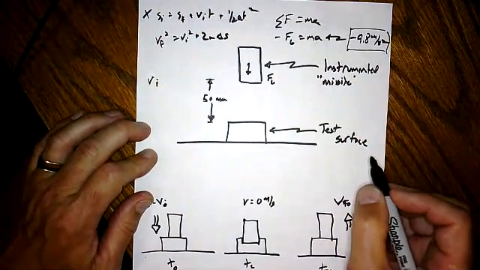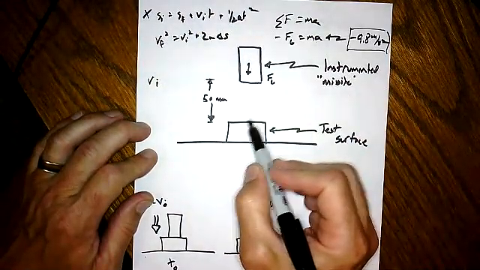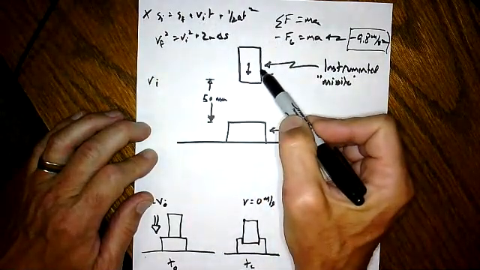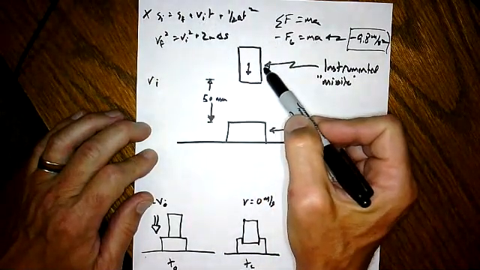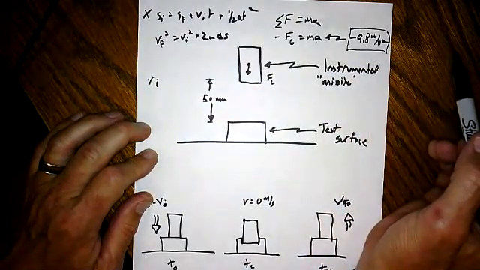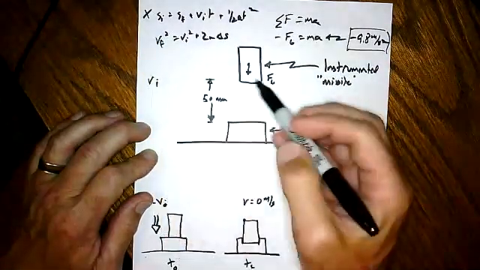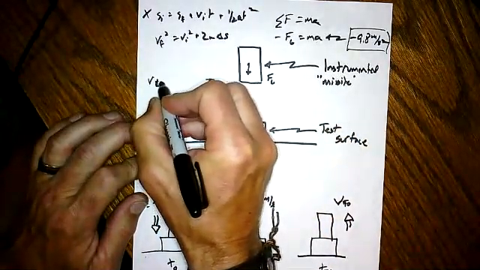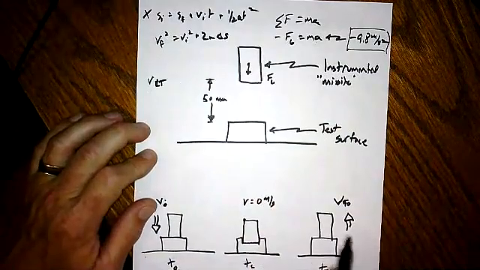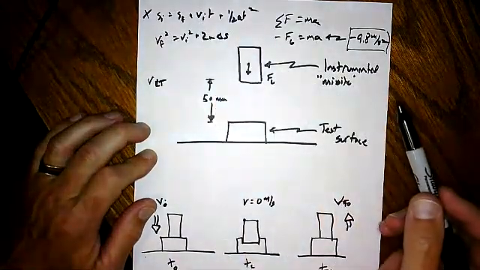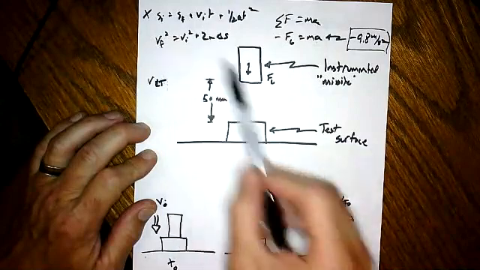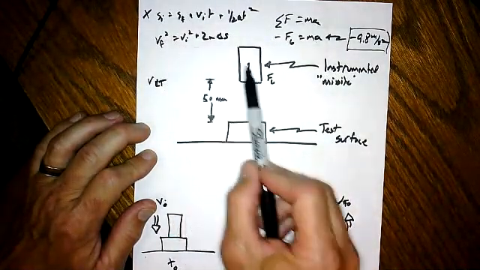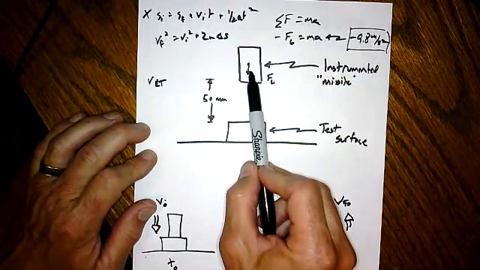We're trying to solve for the velocity at contact. The initial velocity would be the velocity upon dropping and releasing the missile, which would be 0, if the machine's working properly. Final velocity would be the velocity of the missile contacting the surface.